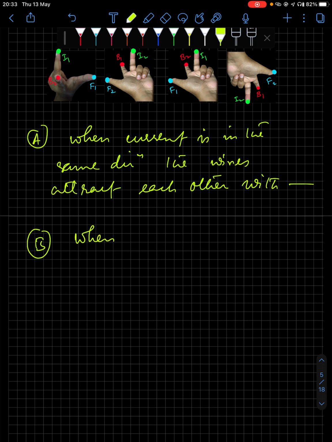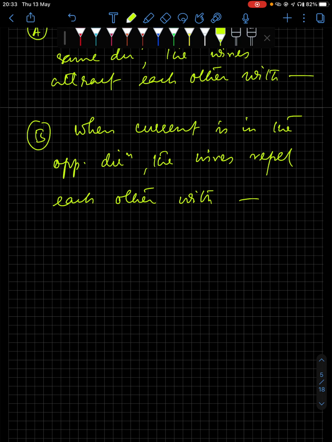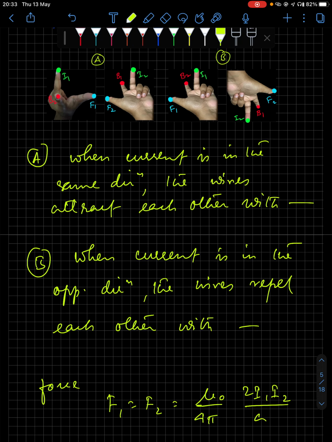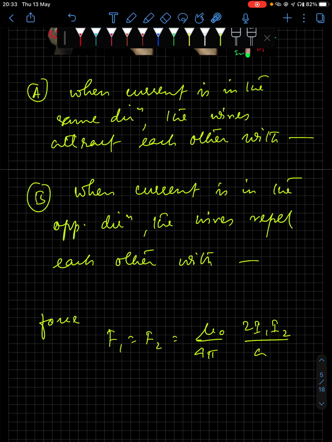Now when current is in the opposite direction, the wires repel each other with force F1 equal to F2 equal to mu naught by 4 pi, 2 I1 I2 divided by a, where a is the distance between the two wires. This relation can be reached with the help of derivation.